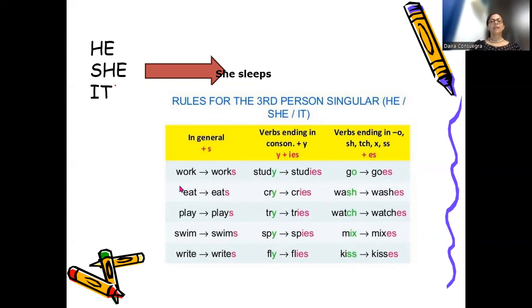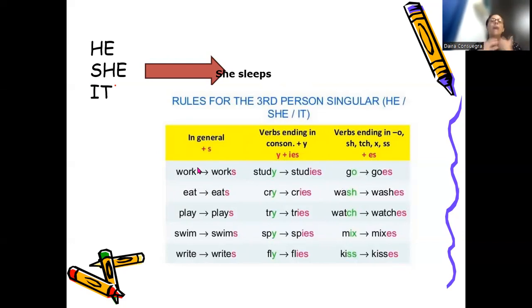I say, he works, he studies, he goes, she eats, she cries, she washes, it plays, it tries, it watches, it swims, it spies, it mixes, he rides, he flies, he kisses. Él, ella, o esto.